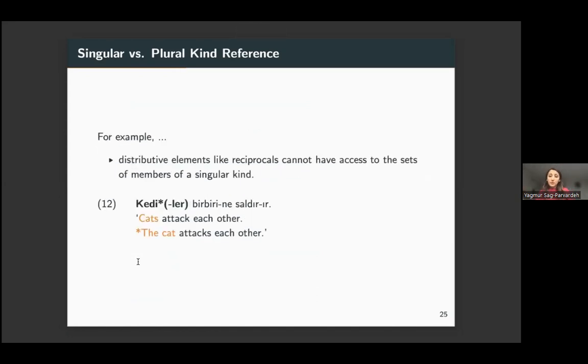For example, you can say kediler birbirine saldırır or kediler birbirini yalamayı çok sever. But you cannot say the same thing with the singular form: kedi birbirine saldırır or kedi birbirini yalamayı çok sever. This distinction is due to the singular kind reference being group-like, while the plural kind reference is more plurality-like.